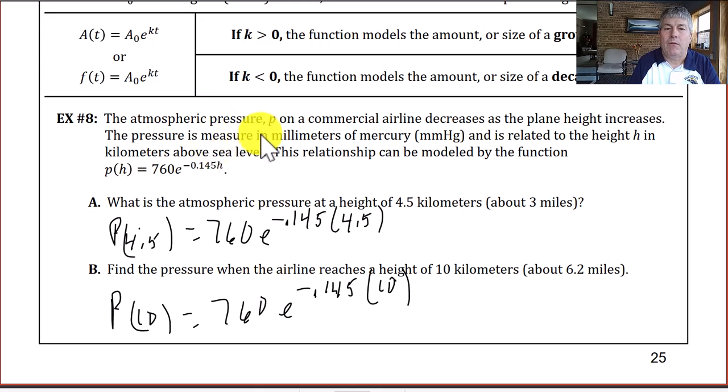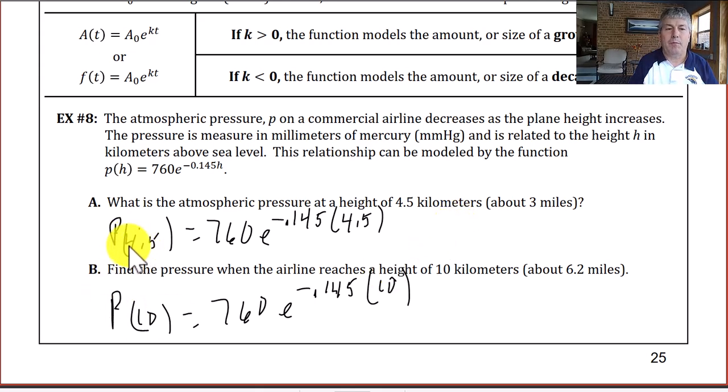In example 8, we see that the atmospheric pressure P on a commercial airline decreases as the plane height increases. The pressure is measured in millimeters of mercury and is related to the height in kilometers above sea level. The relationship is modeled here as P of H equals 760 times e raised to the negative 0.145 H. Question A says, what is the atmospheric pressure at a height of 4.5 kilometers, about 3 miles above sea level?